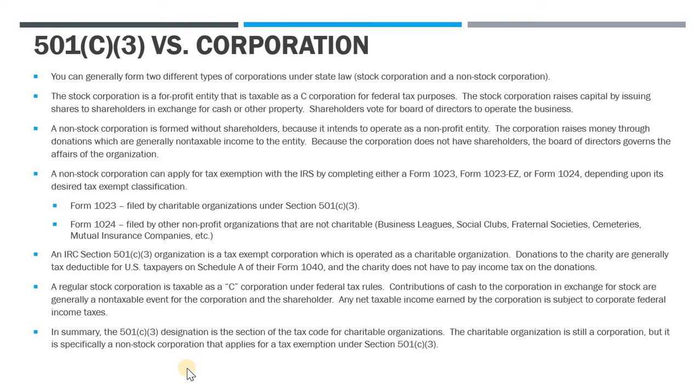And then in particular, it's a non-stock corporation that has filed an election to be treated as a tax-exempt entity under 501c3 of the Internal Revenue Code. Okay, so that is the big difference there, if any. They're both corporations, but the 501c3 entity is a non-stock corp, and it's tax-exempt under 501c3 as a charitable organization.